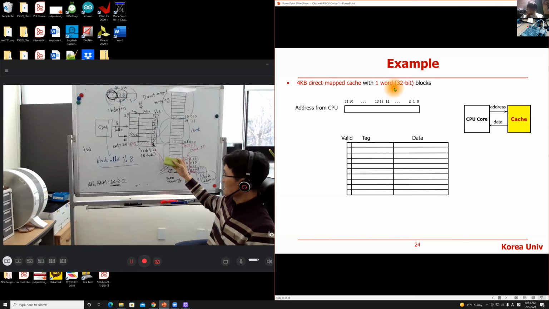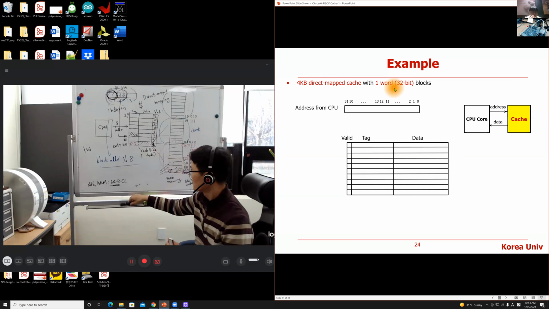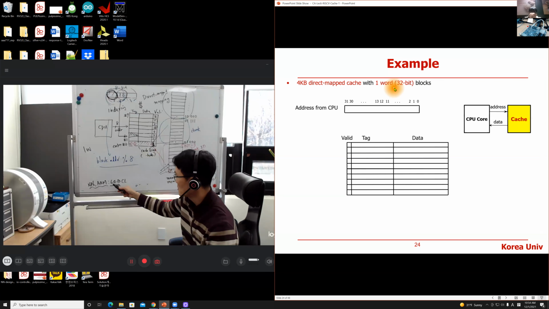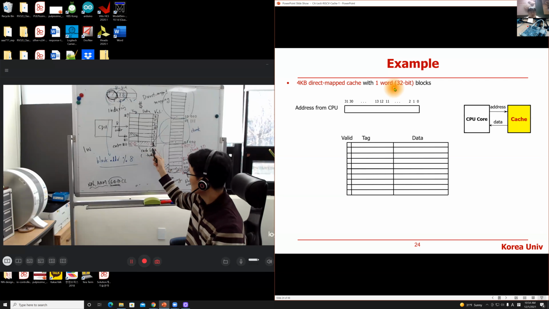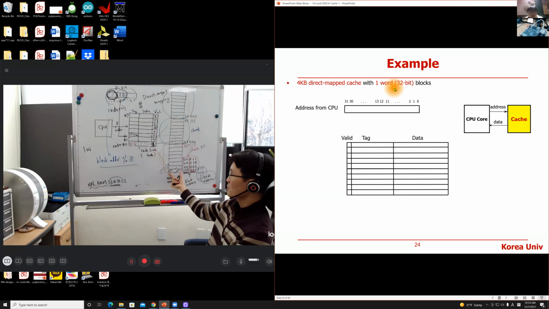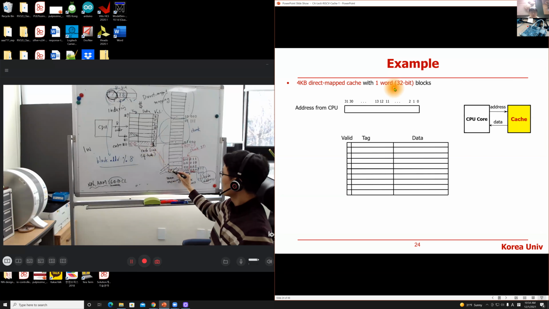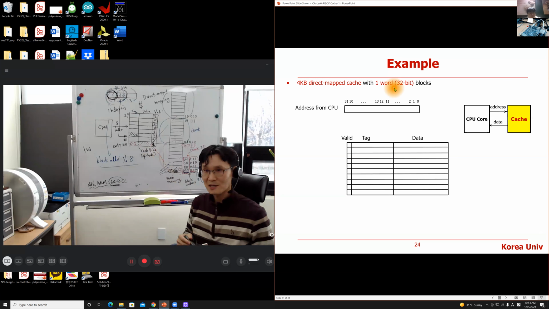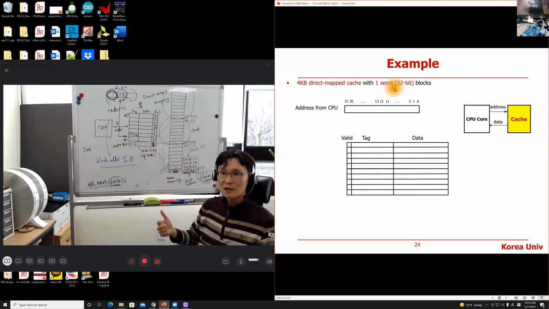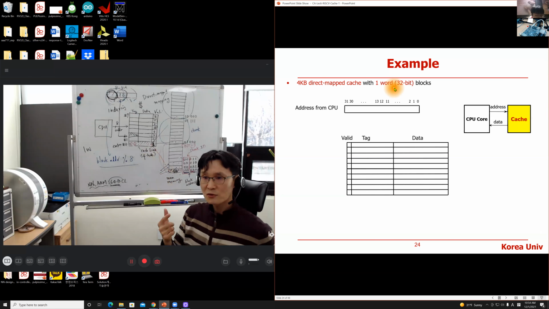This is not a realistic, not a good example, because in a real processor, the cache line and memory block are 64 bytes. Here we assume 4 bytes, which doesn't exploit localities. Two kinds of localities: temporal locality, where you access one memory location and are likely to access the same location again and again in the near future.